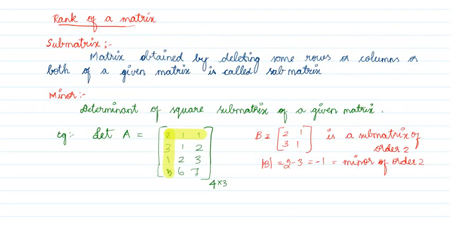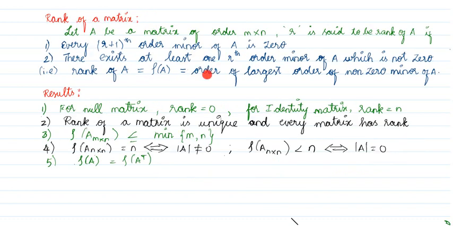If the 3 cross 3 minors are 0, then the 4 cross 4 minors of this matrix should definitely be 0 however you take them, and at least one 2 cross 2 minor of this should be non-zero. Then the rank of this is 2, which is the largest order of a non-zero minor. Clear? Next we will see some results regarding the rank of the matrix.